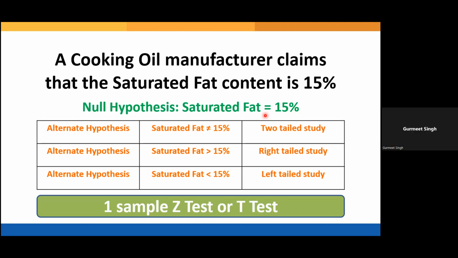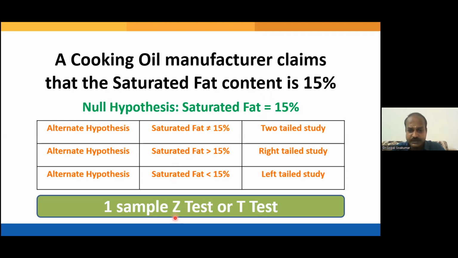The fat content information is available with them. So far, let us say we have produced 10,000 units. All 10,000 units' data is available. With the data, will you be able to calculate the standard deviation? Yes, sir.